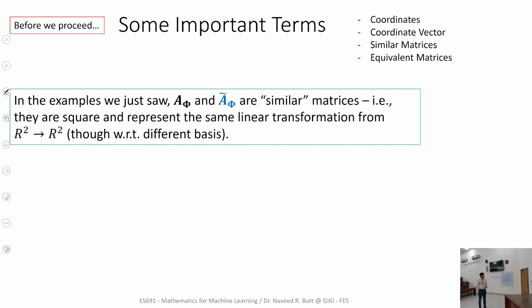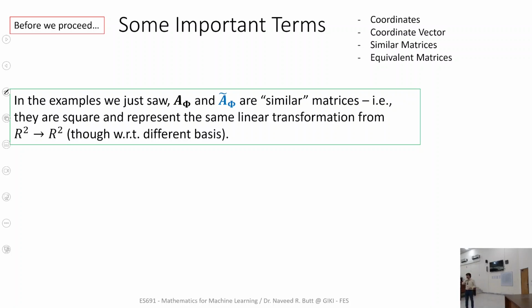Similar matrices, the example we just saw, A phi and A phi tilde, they are called similar matrices. That is, they are square and represent the same linear transformation from R2 to R2, although with respect to different bases. Such matrices we call similar.